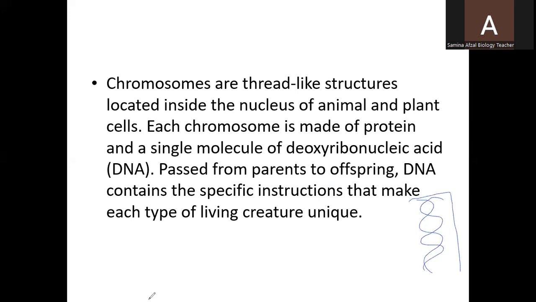One DNA molecule consists of 2 strands of DNA which are twisted together. DNA contains the specific instructions which are passed from the parents to the offspring. Due to this, every type of living creature is unique because the DNA is different.